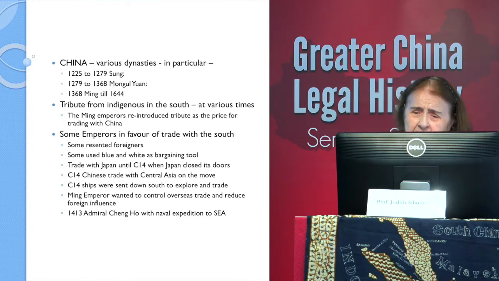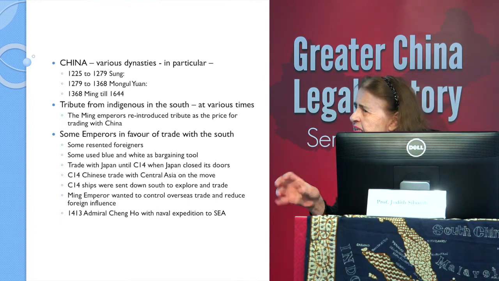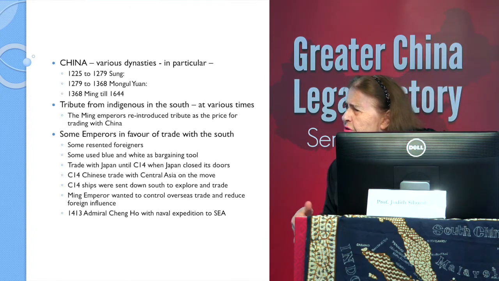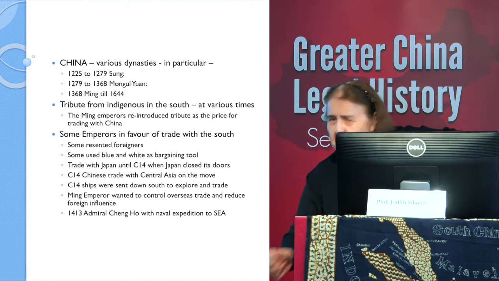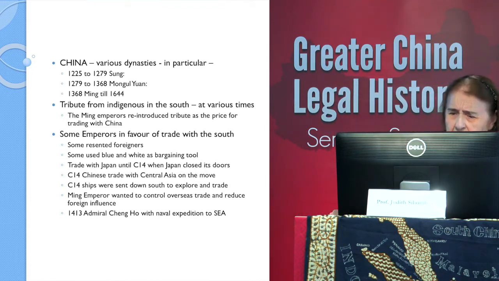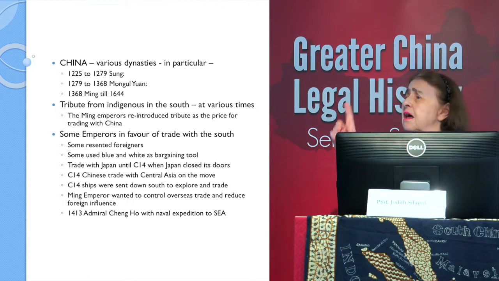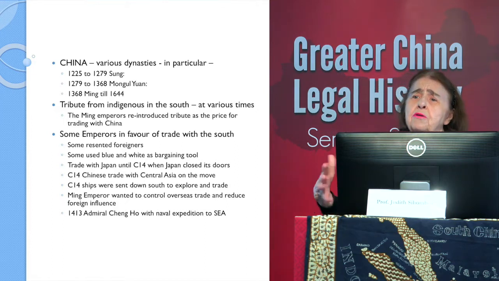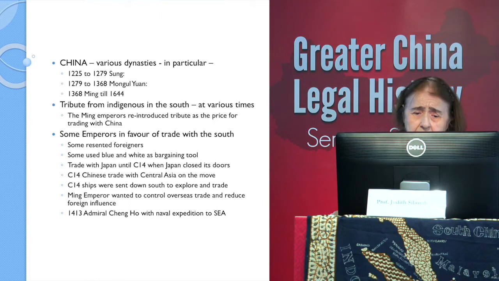Now the Ming, they got a little bit itchy at some stage about too much trade downtown in Southeast Asia. Porcelain shouldn't go. So some emperors didn't like foreigners. More tribute if you want to trade. Some used blue and white as the bargaining tool.